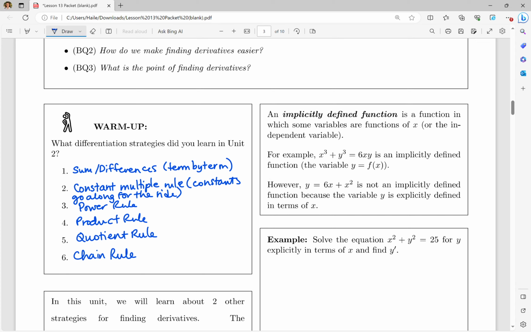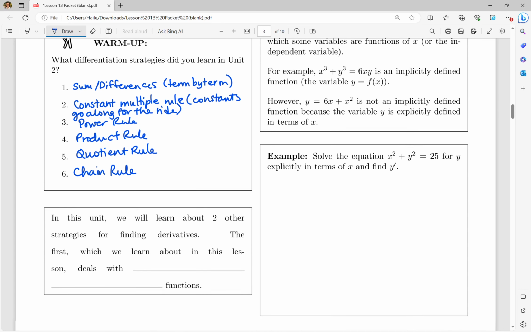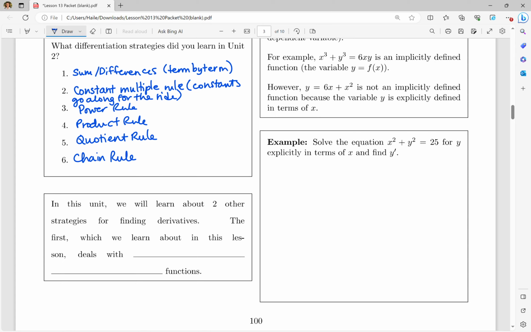But it turns out these are not the only strategies that exist for taking derivatives. Those 6 were our basic rules. In this unit, we're going to learn about 2 other strategies which still involve combinations of these. The first, which we'll learn about in this lesson, deals with implicitly defined functions.